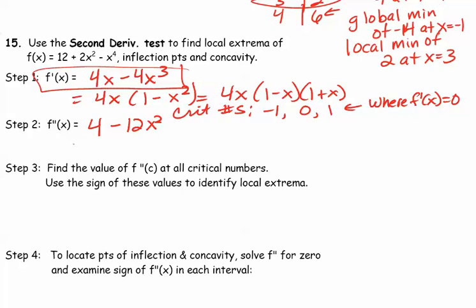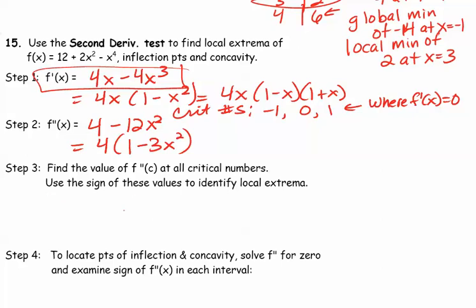And we might find it helpful to write this in its factored form, so that would be 4 times 1 minus 3x squared if we factor out the 4. All right, so now we want to find the value of f double prime when f prime is equal to 0.